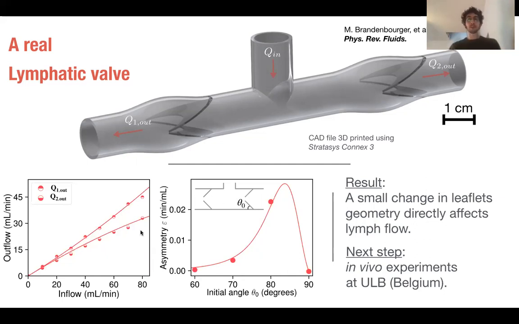And if you define such asymmetry and you look at different geometrical characteristics, such as this initial angle θ0, what you obtain once again is that you get a maximum. So for a certain value of θ0, you have a maximum of this asymmetry where you have much more liquid going one way than the other way.